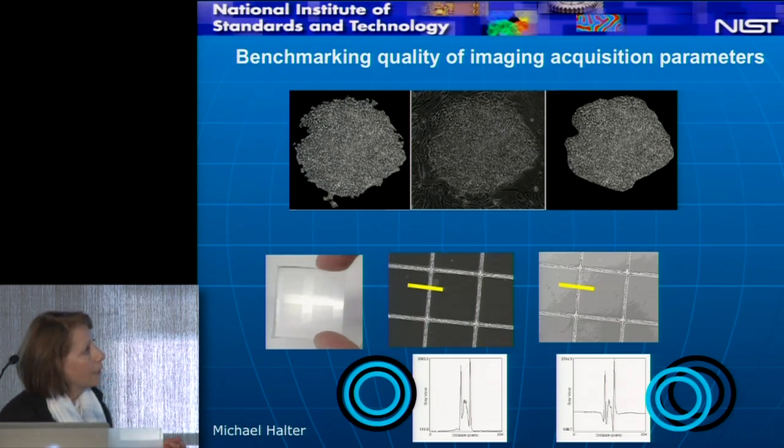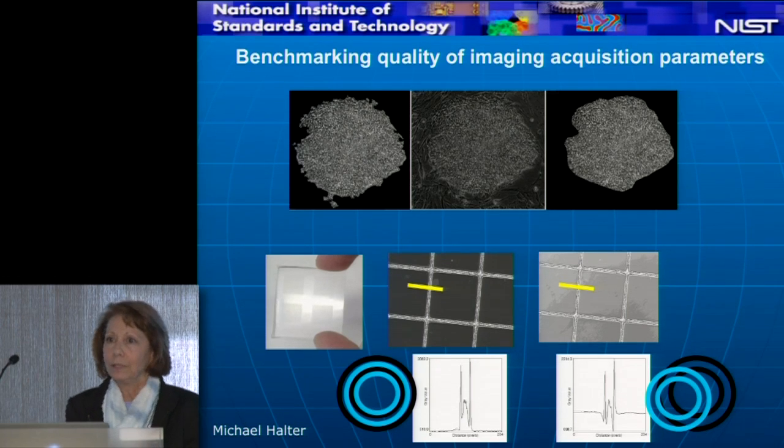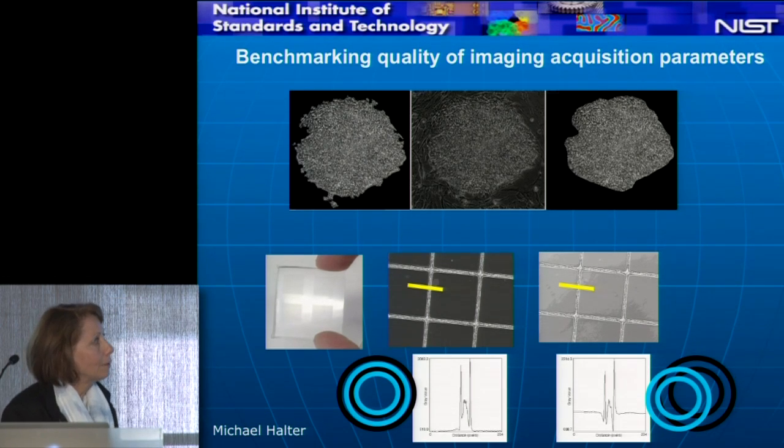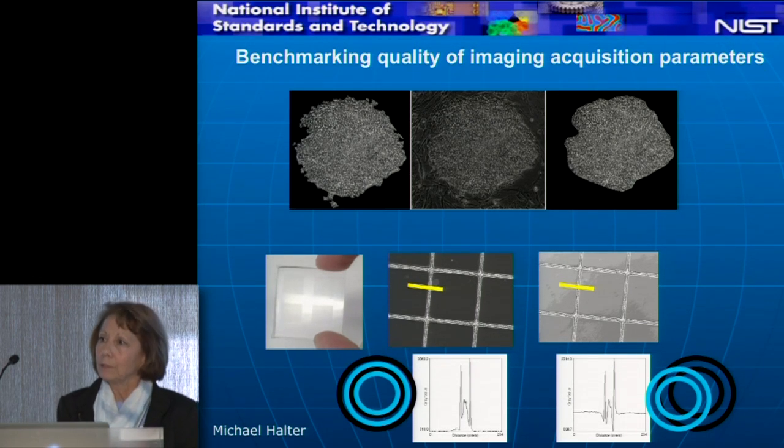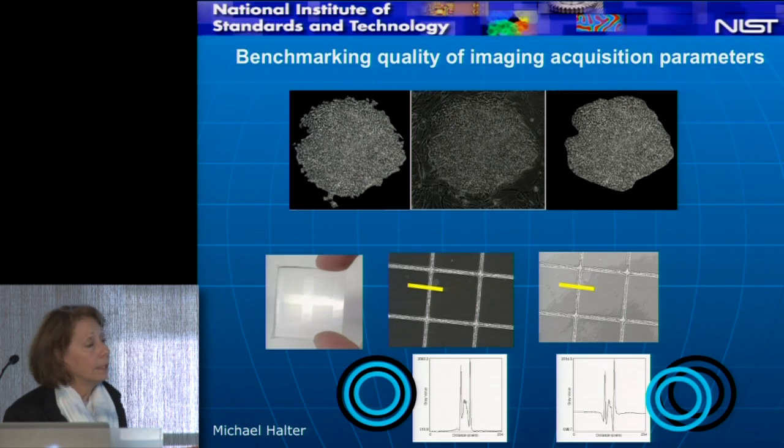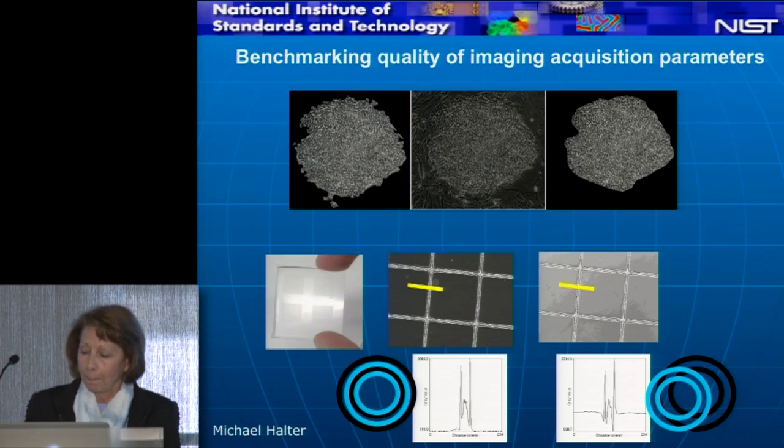When we have misaligned phase rings, well, I don't have an example of it here. When we have misaligned phase rings, we have not as good an image as when we have aligned phase rings. And so this was a material that was used to assure, before any data were taken in the microscope, that the phase rings were aligned and the quality of the image was good.